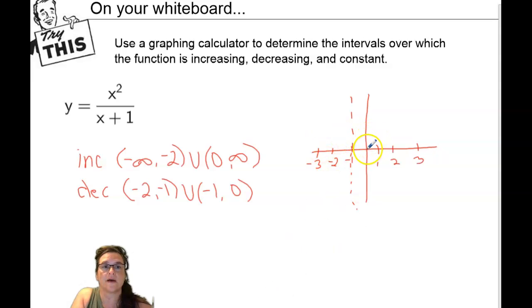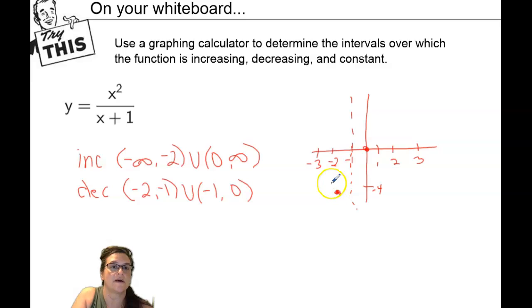And then we've got a point here at the origin, and we have another point here at negative 2, and then down here to negative 4.